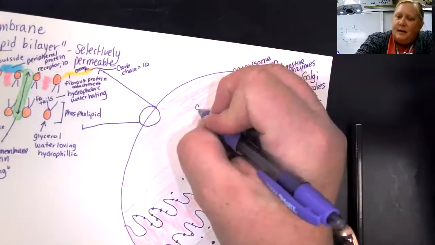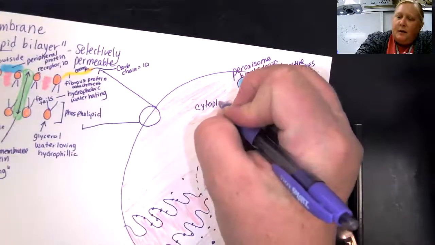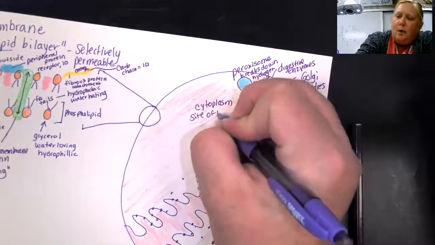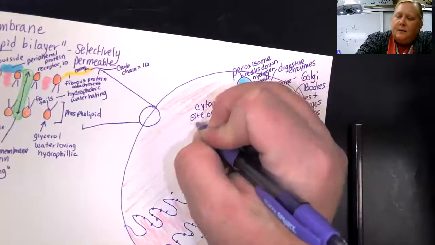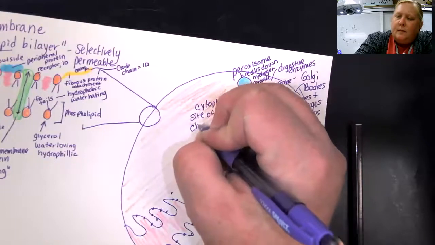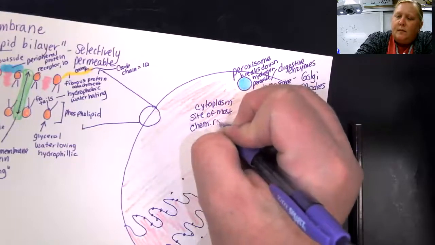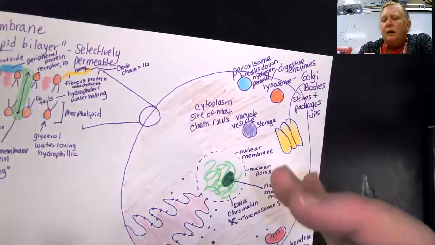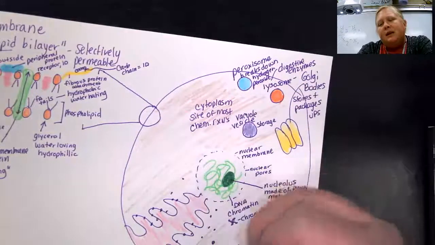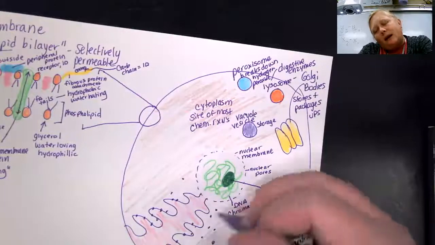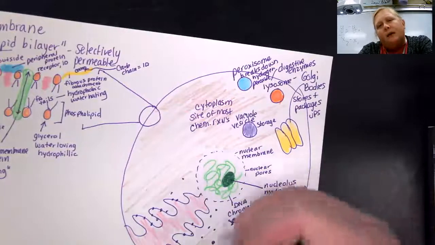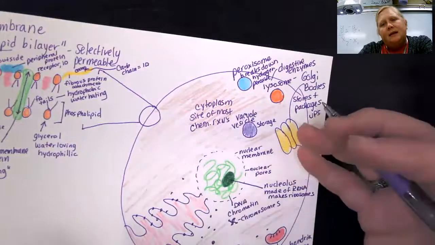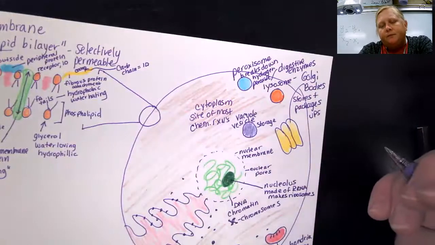But this out here is the cytoplasm. This is the site of most chemical reactions. So when you stop thinking about what's going on with all the ribosomes and stuff out in the cell, that's really where all the action is taking place.